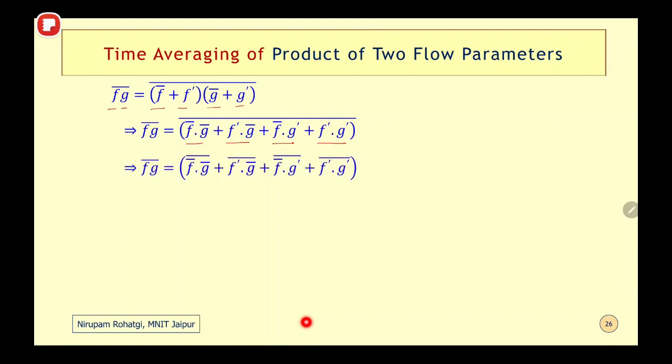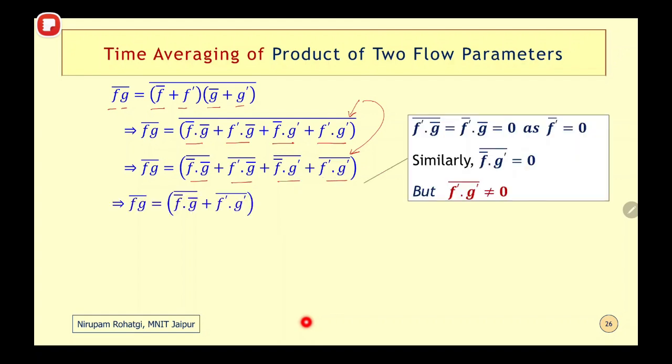Now averaging of a sum is same as averaging of parts. So this averaging after addition can be broken into averaging before addition. So you are doing averaging of these four terms separately.